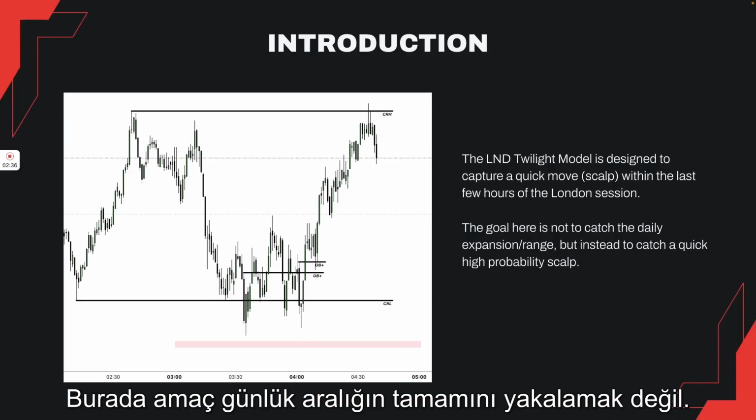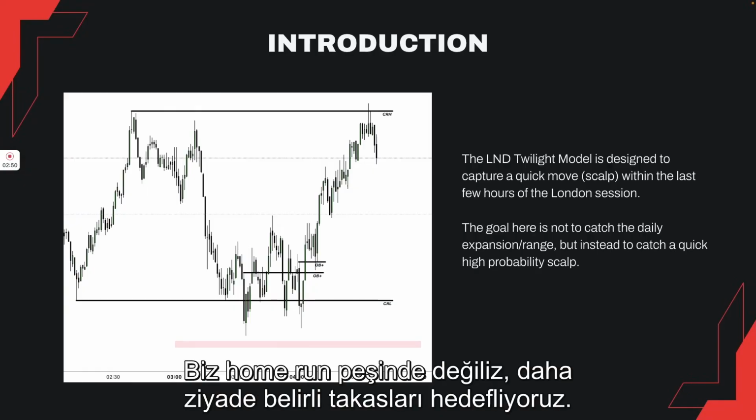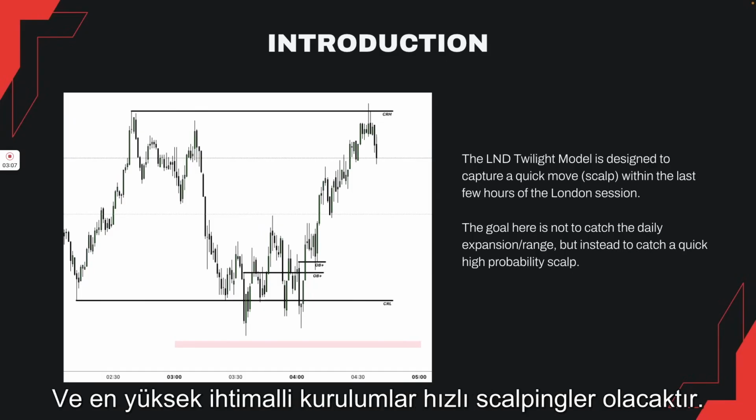The goal here is not to catch the entire daily range, but instead to catch a quick and high probability scalp. We are not going for home runs, rather we are aiming for specific trades, right? We want very, very high probability setups, and the most high probability setups will be quick scalps.